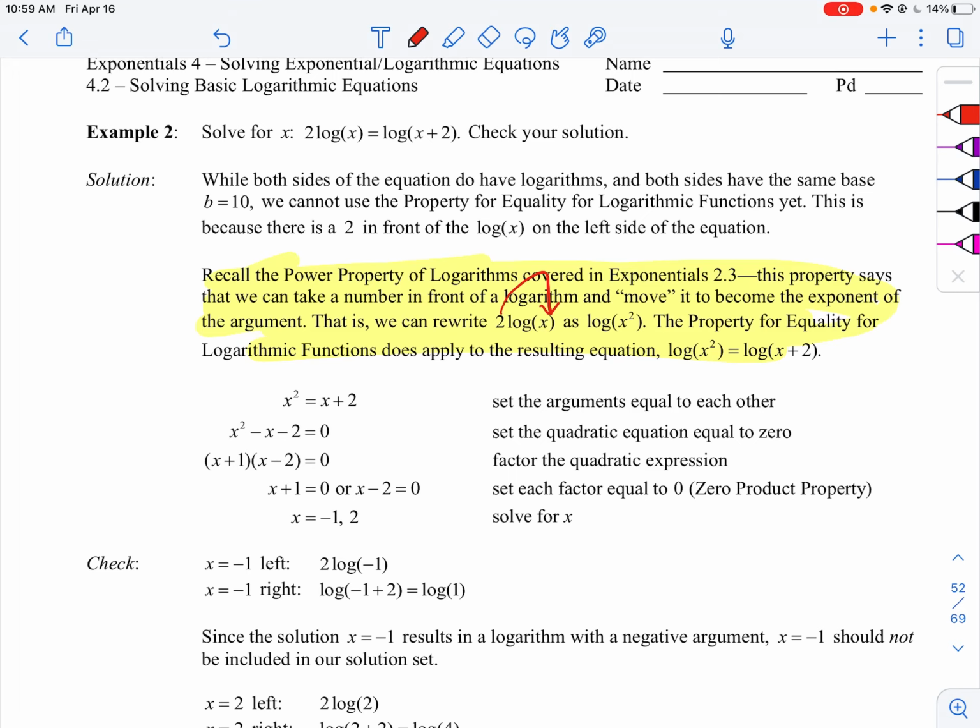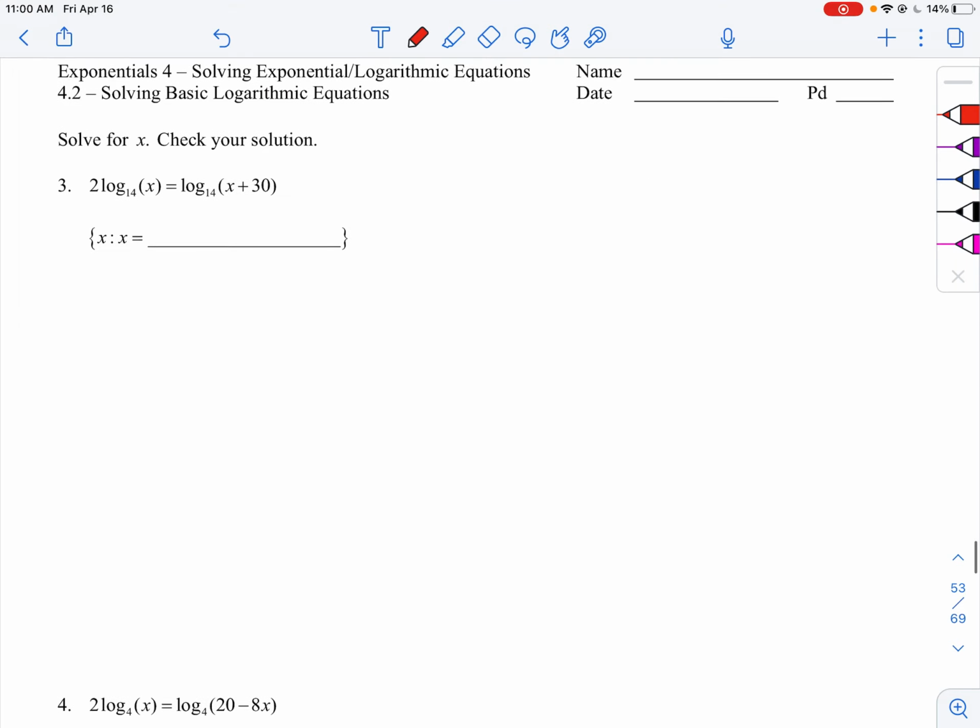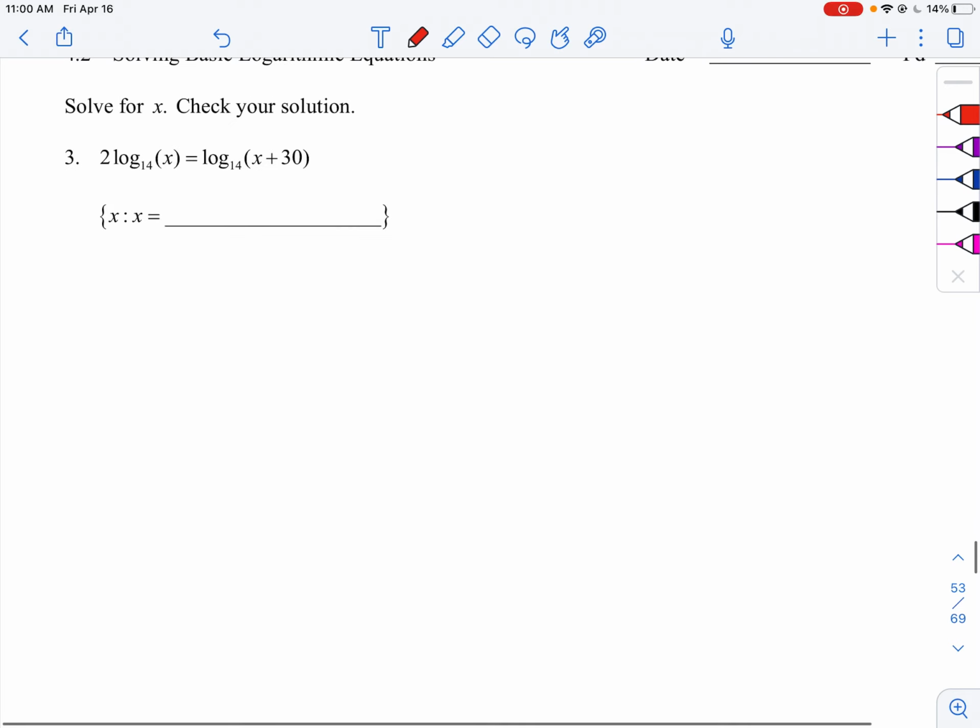Okay, so here we're going to apply it, but I'm not going to use this example because we already have an answer to that one. So I'm going to use something that we don't have an answer to. We have 2 times log base 14 of x equals log base 14 of x plus 30. Notice that your bases are the same, so we can just ignore the log and focus on the numbers.